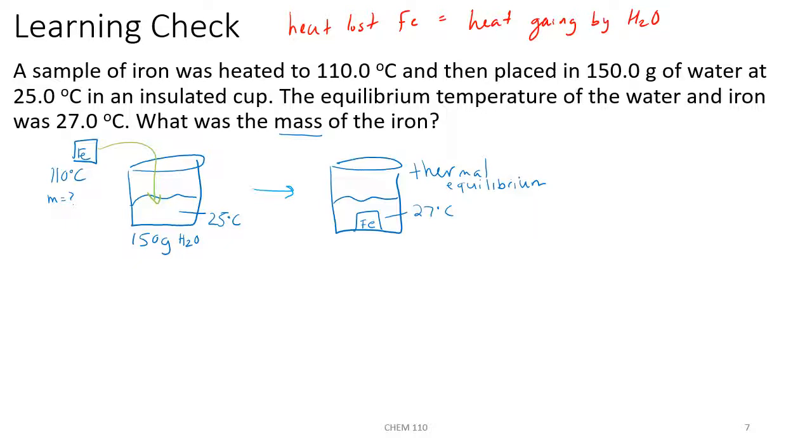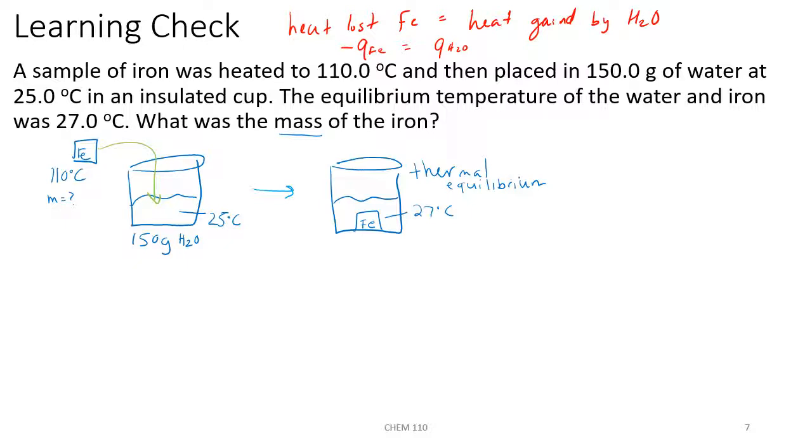Those two are going to be equal and opposite in sign. So that means that negative Q of our iron will be equal to Q of our water. And we put a negative sign out in front of the Q for our iron because the iron is giving off heat to the water, and the water would be gaining it.